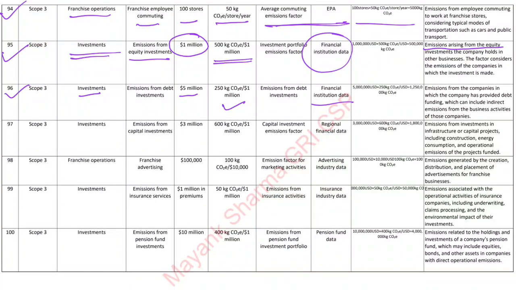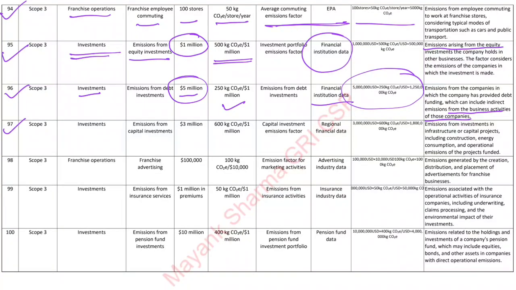Basically, these are emissions from companies to which the company has provided debt funding, which can include indirect emissions from the business activities of those companies. So let's see how we do the calculation. This is the investment of $5 million multiplied with the emission factor.